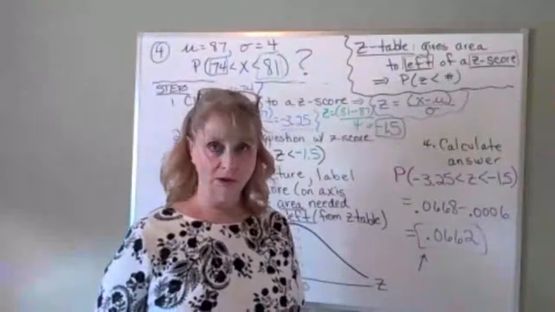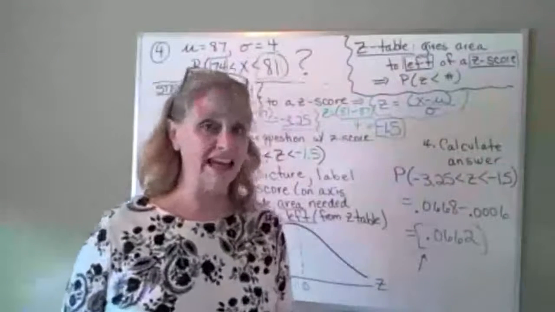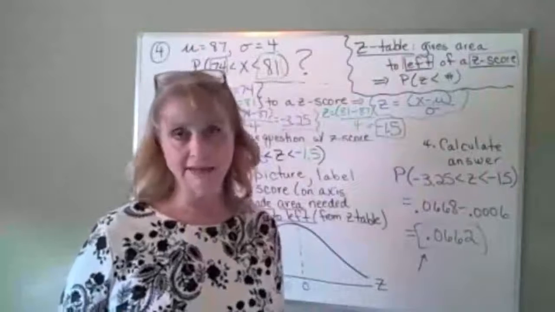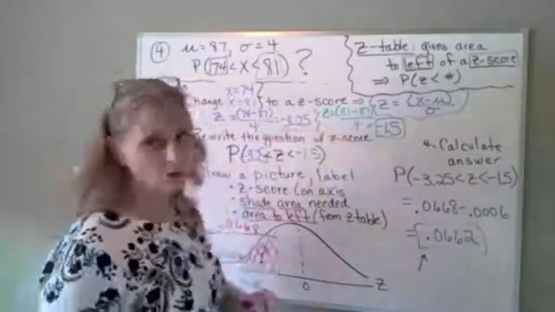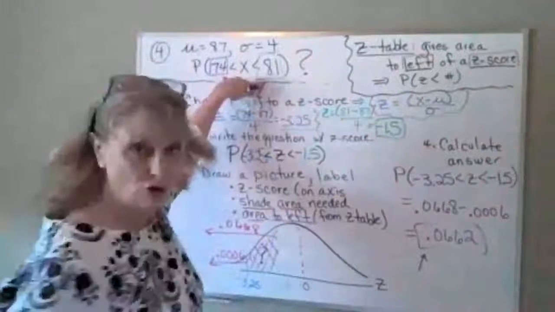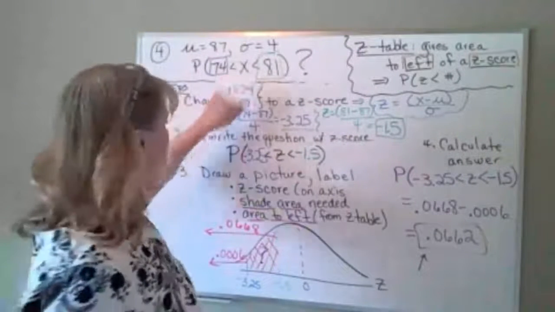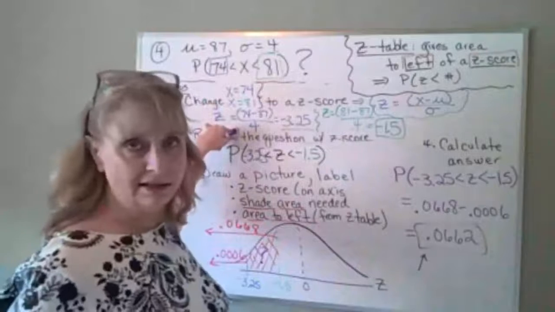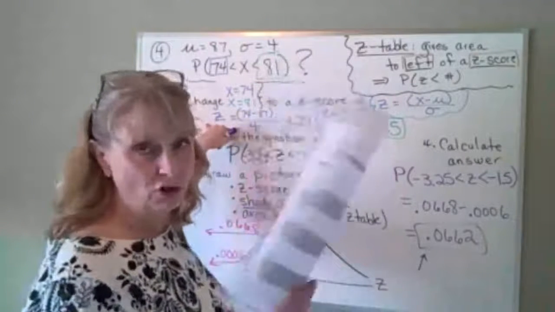So once you know the mean and standard deviation, you can find the z-score for any data value in that data set. This one we had to find 2 because there were 2 numbers in the probability question. So that first step, we calculate the z-scores, because until I have z-scores, this table is useless.